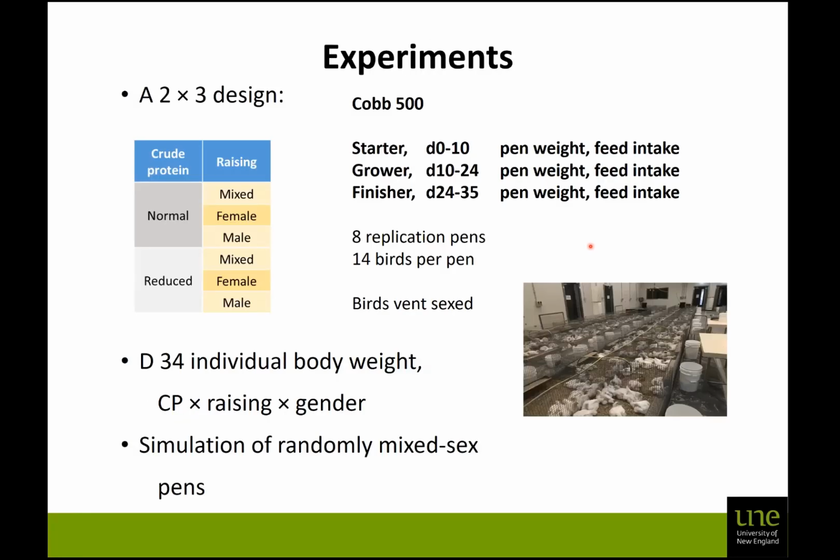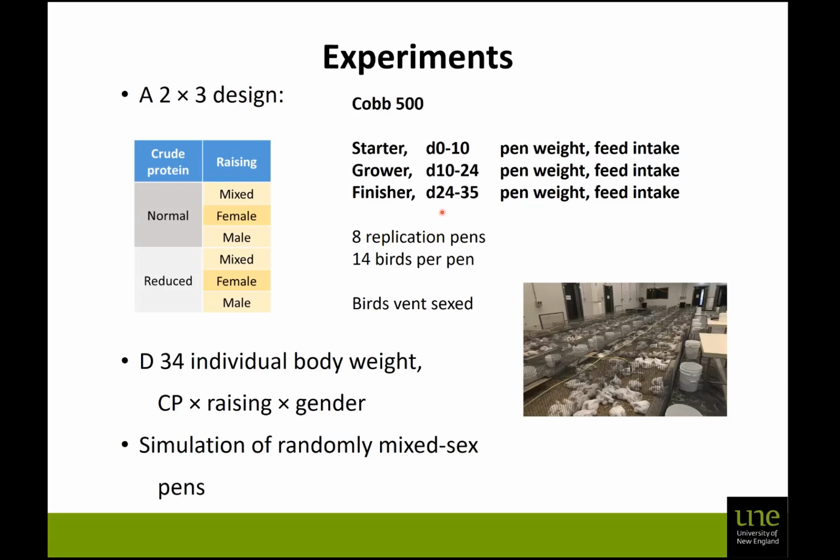Here is the experiment we did. We had 2 levels of protein with 3 different rearing systems, meaning that in one system we mix birds with the same number of males and females in a pen, and raise birds in a pen with just females and another with just males. So that's 3 different systems. We used Cobb 500 and 3 phases.